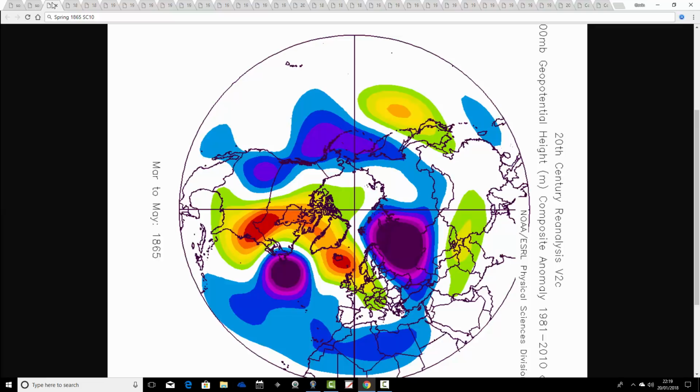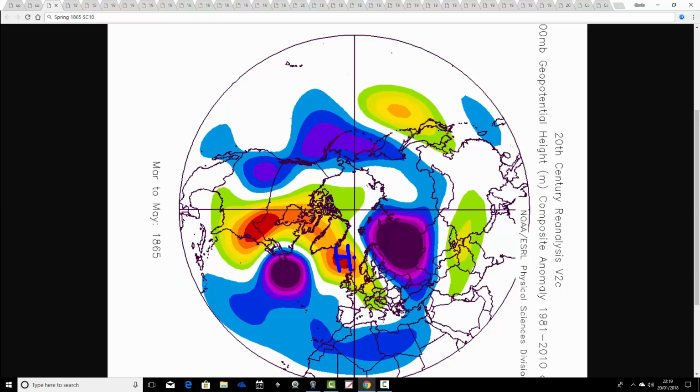So it's kind of like where we are right now in our current solar cycle. And the following year, 1866, was the true solar minimum of solar cycle number 10. But this is how the spring of 1865 looks, 2 years before the solar minimum of solar cycle number 10, and it does show a blocking signal.